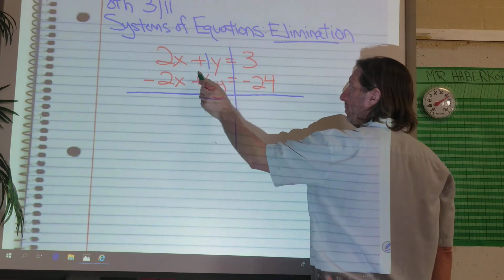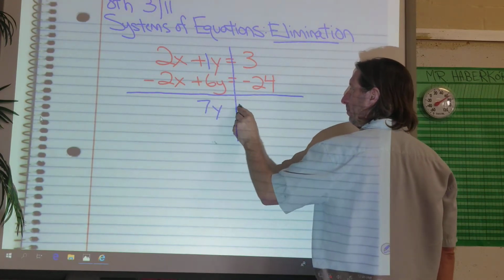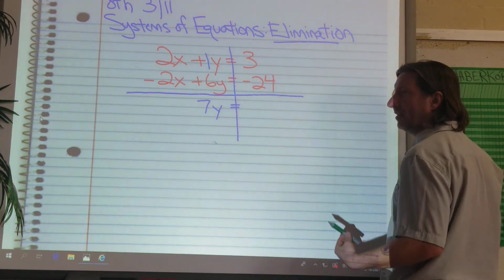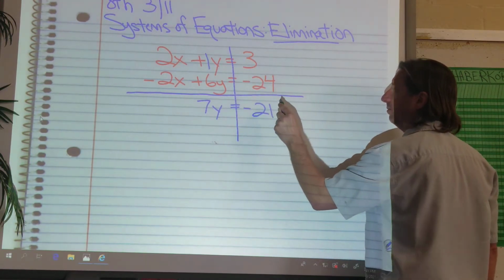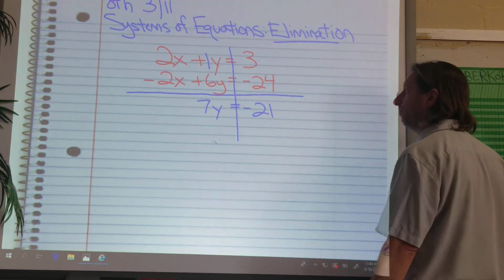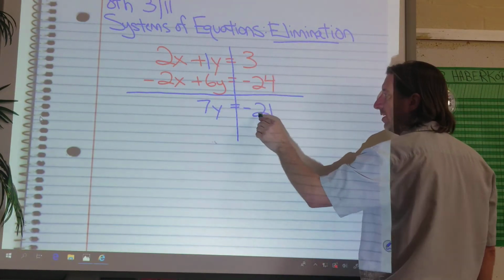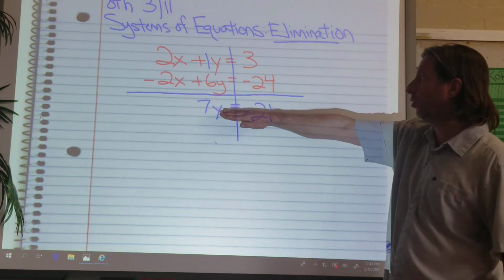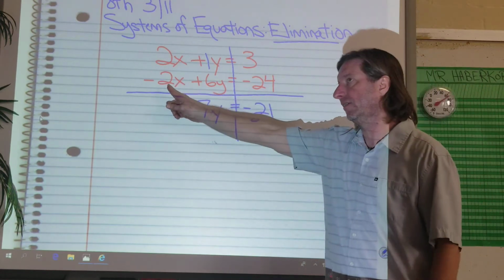So 1y plus 6y, that's 7y. 3 minus 24, different signs, you subtract, you get 21. The 24 is stronger, it's a negative 21, right? All right, so I just added straight down. 1 plus 6, 3 minus 24. The x's canceled out, they're gone. So now we have an equation that we can solve. So we did step 1, we eliminated the x.